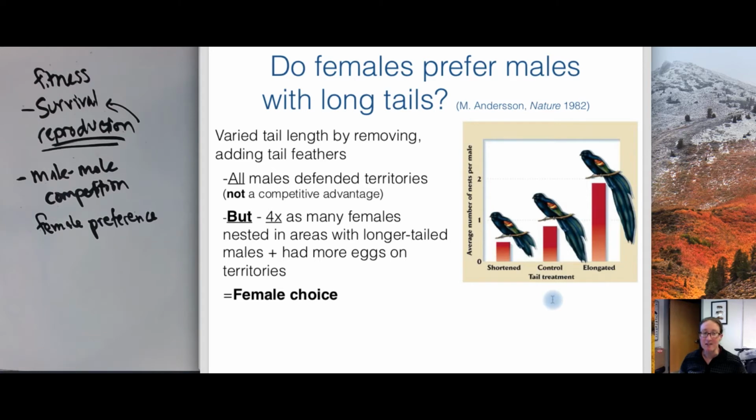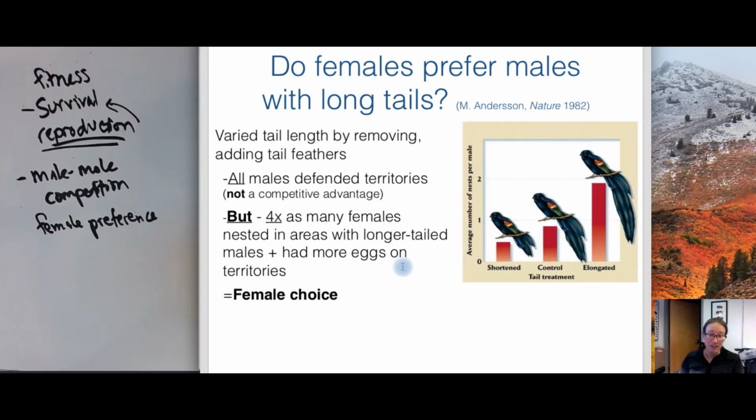However, he did find that there were 4 times as many females nested in areas with these elongated tailed males. And so you can see that here on the y-axis in this figure, this is the average number of nests per male, right? So if you have a short tail, sorry buddy, you're not in luck. If you have a regular tail length, we're close to about 1 nest per male, and here at the elongated, an average of 2 nests per male, and in some cases up to 4 times as many.